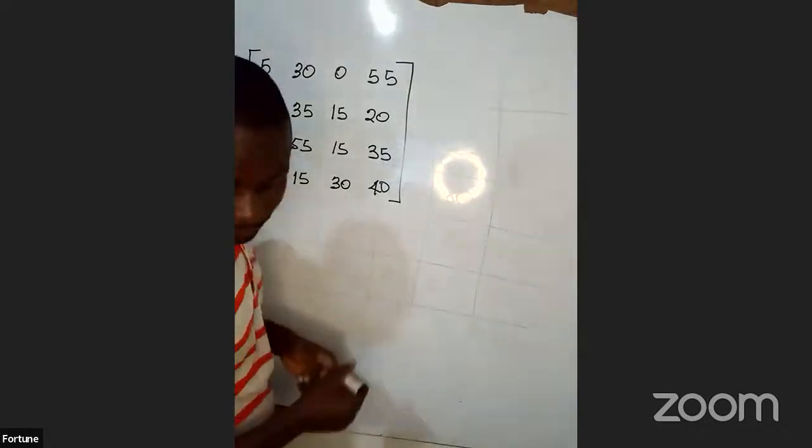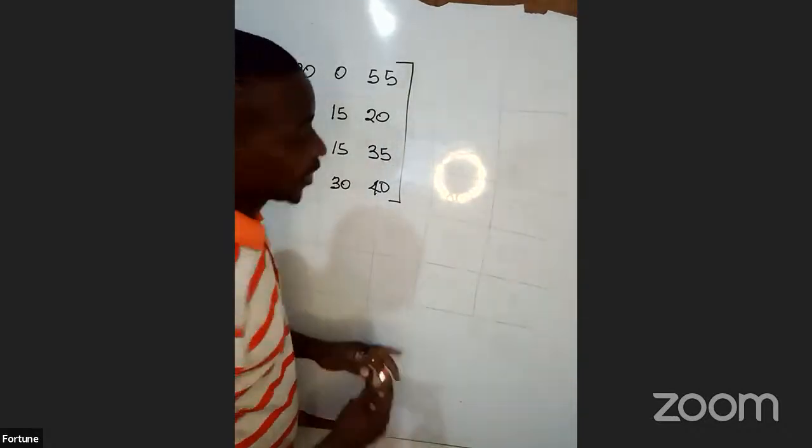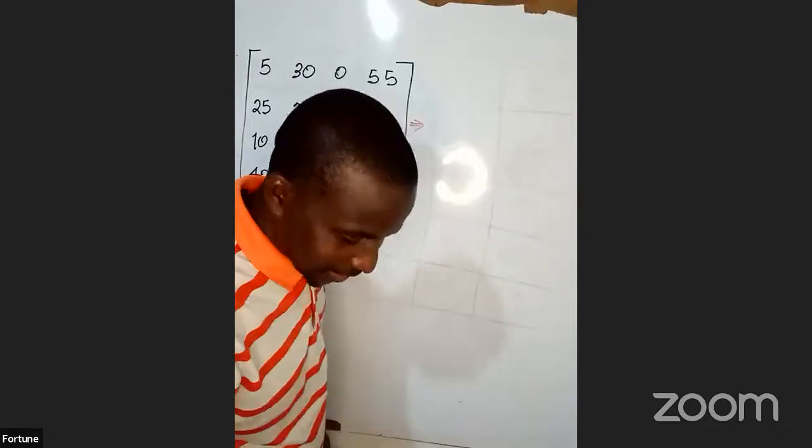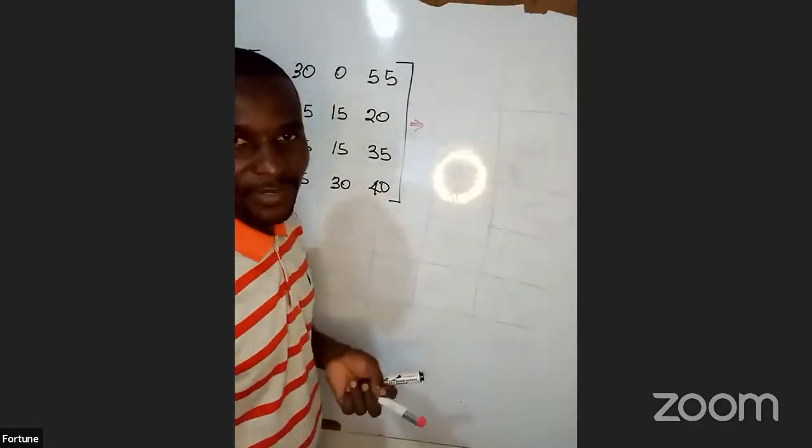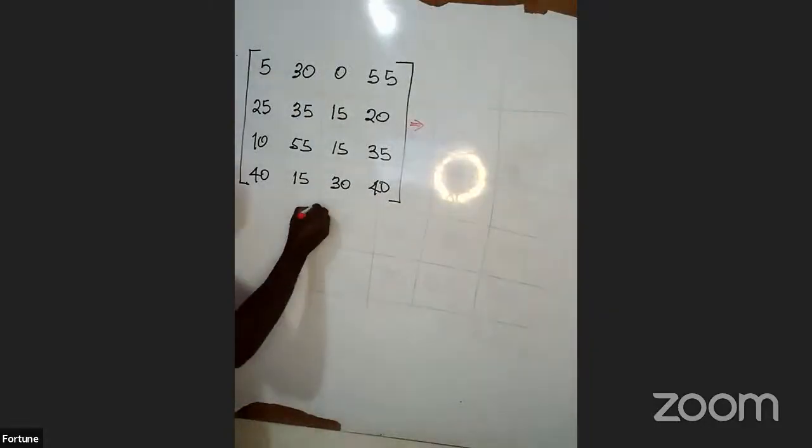Okay, let's do Hungarian. We can do row reduction first. Yeah, penalty is the shortest one. Penalty is usually shorter, but okay, so let's try Hungarian first.